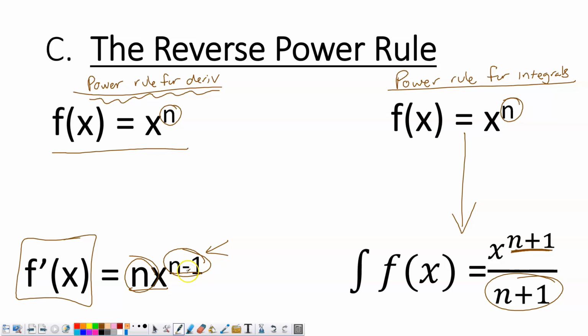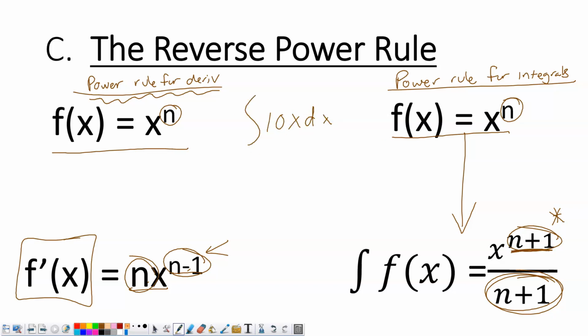Over here, we subtract and multiply, whereas over here, we add and divide. So, to go from a function to its antiderivative, you add 1 to the power and divide by that value. For instance, let's go back to our 10x problem.